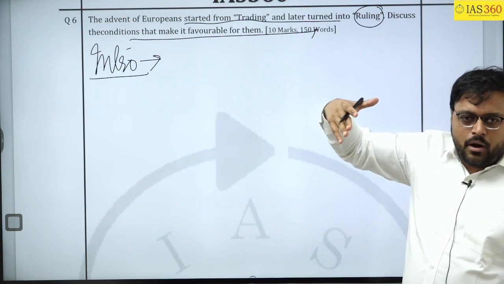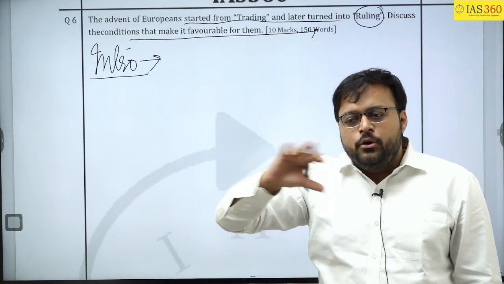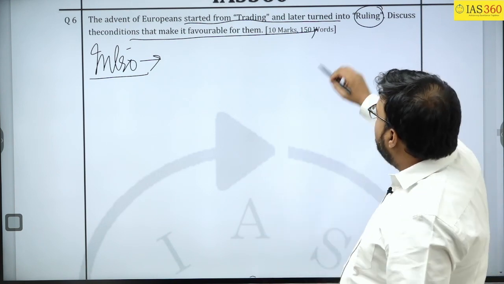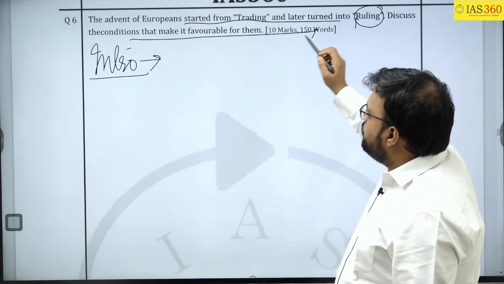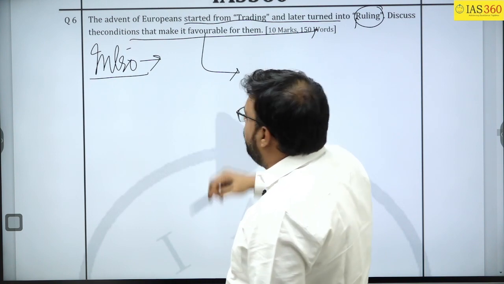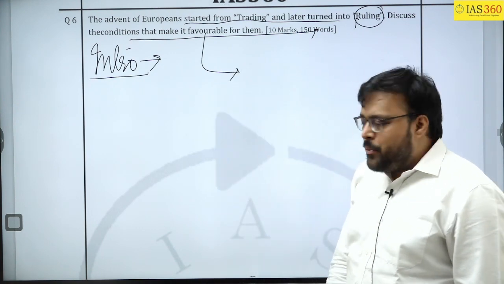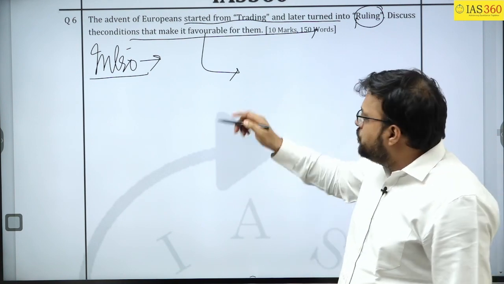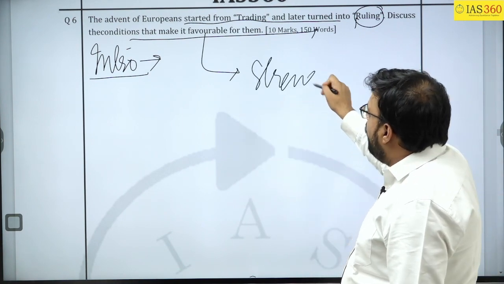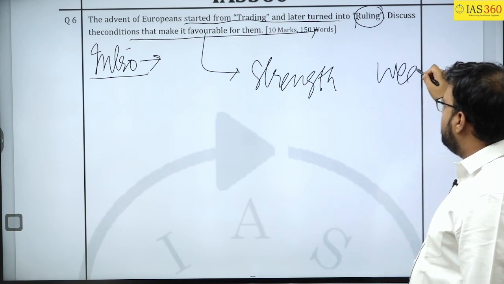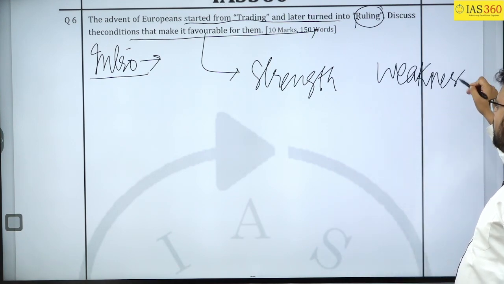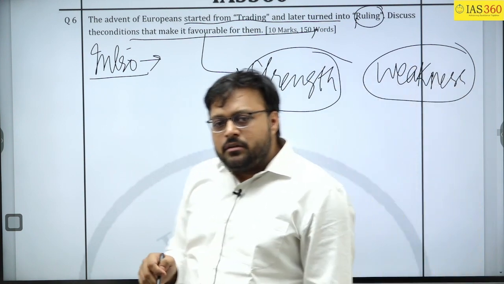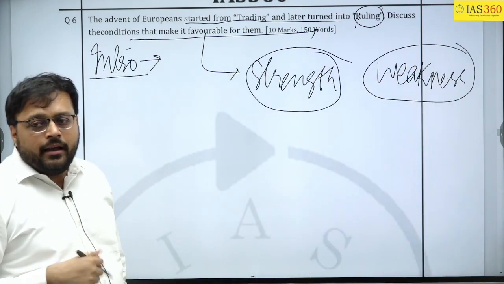The introduction will not be this big, but this is the crux from where you can draw your introduction. After writing this, what were the conditions favorable for them? Again, you can think from two points: what was the strength of the British and what were the weaknesses of Indian kingdoms at that time? I am just giving you how you should think.